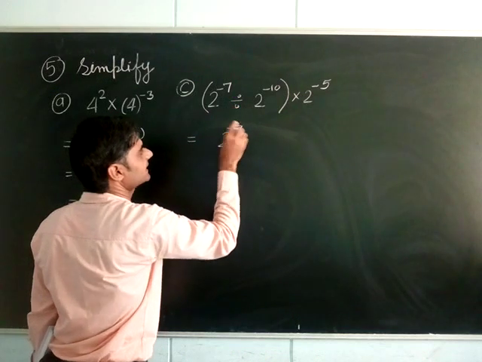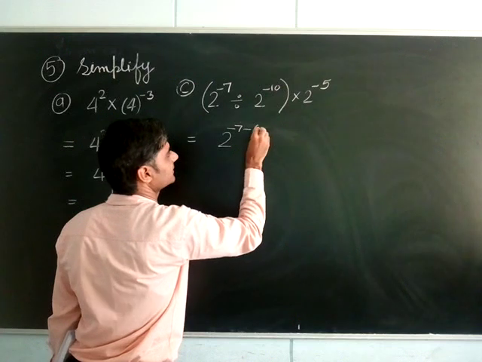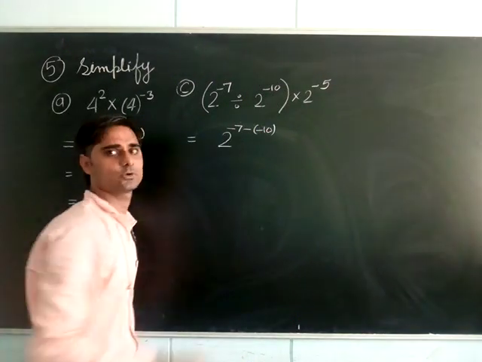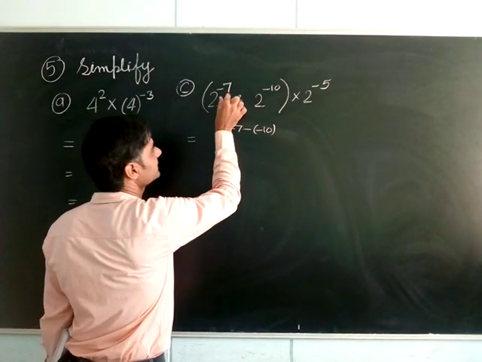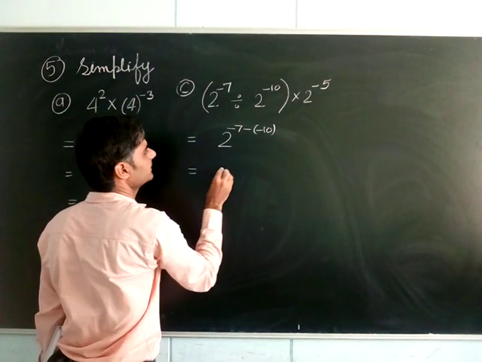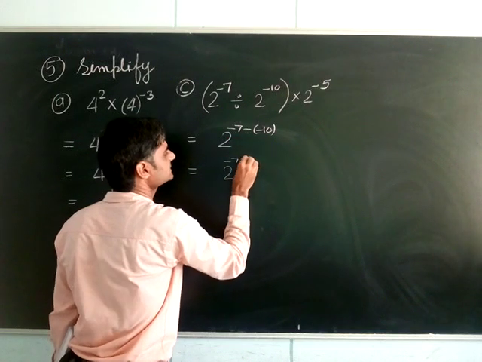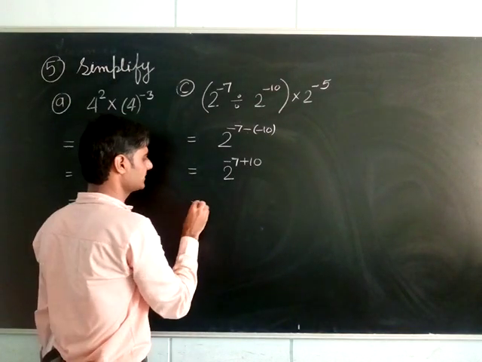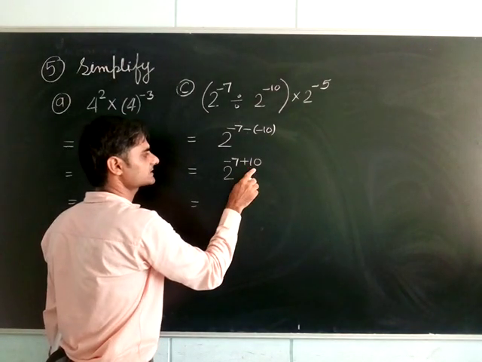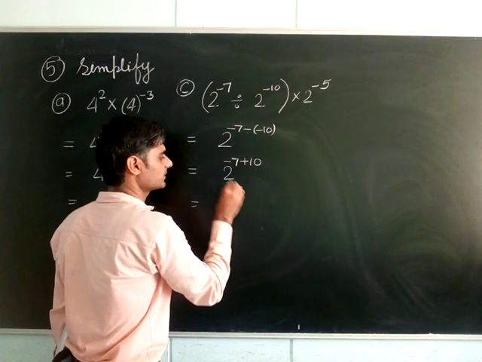So subtract minus 10 from minus 7. This will be equal to 2 power minus 7 minus minus 10, which is plus 10. So minus 7 plus 10 is equal to plus 3.